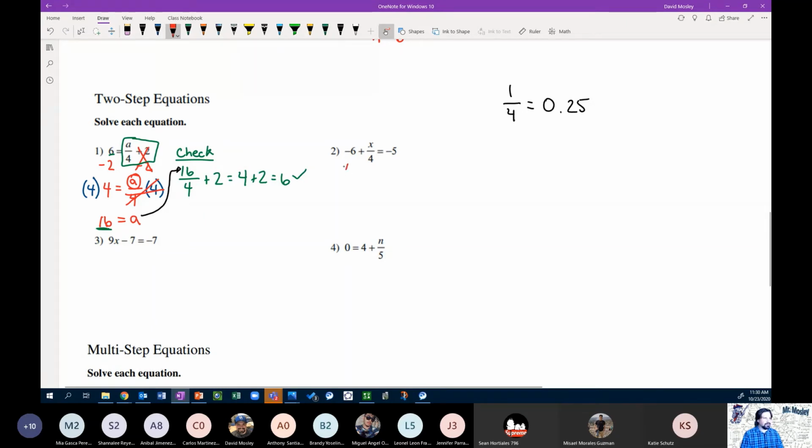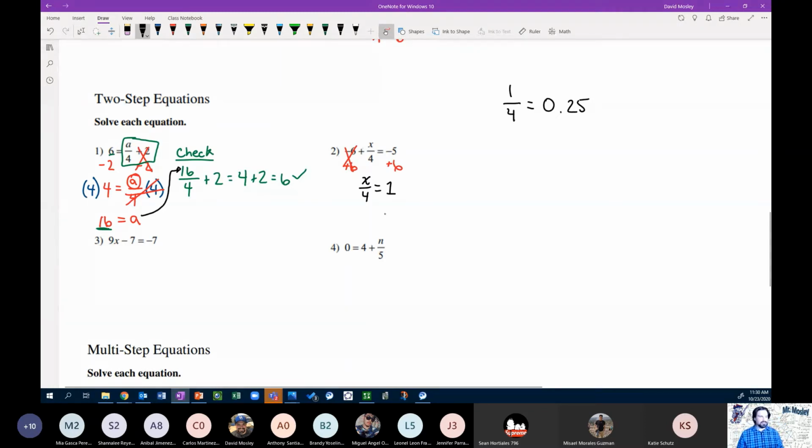So we have plus 6. Negative 6 plus 6 is 0, and x over 4 equals. Negative 5 plus 6 is 1.